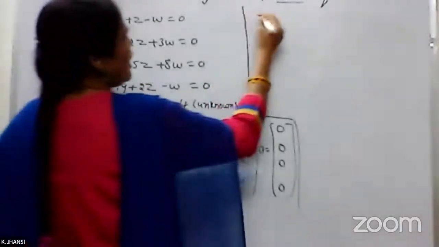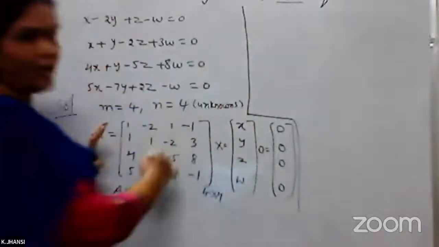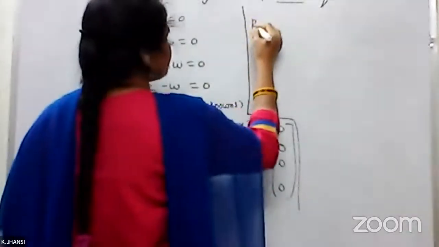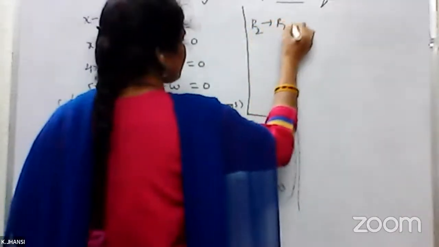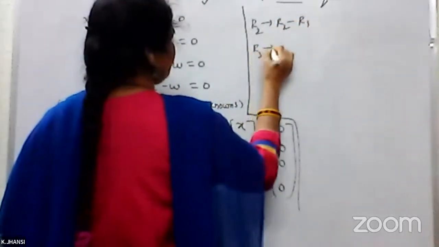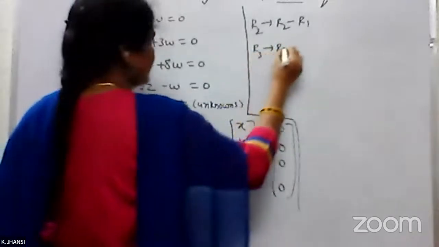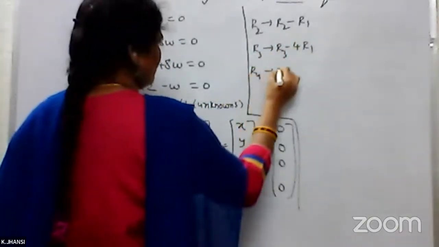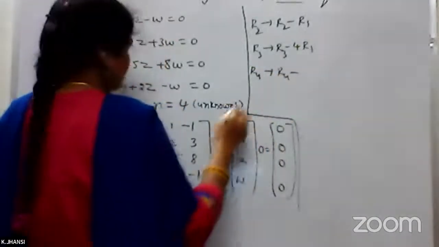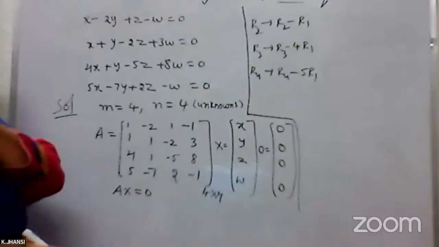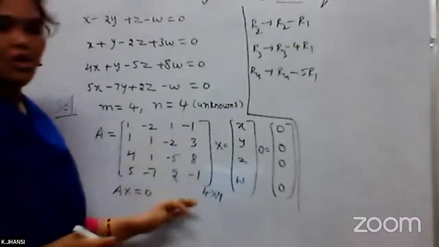So I am applying row operations: R2 becomes R2 minus R1, R3 becomes R3 minus 4 R1, and R4 becomes R4 minus 5 R1. We are applying three operations here.